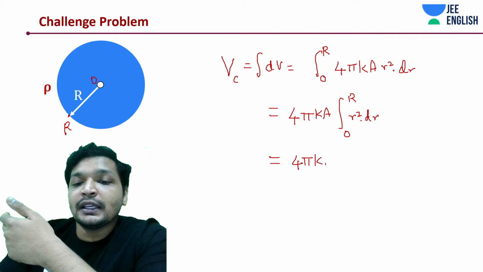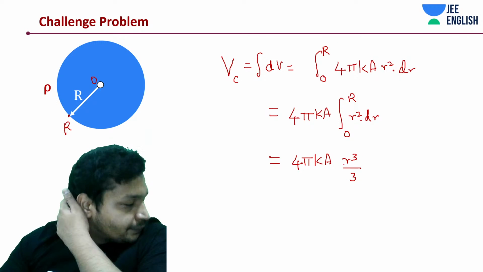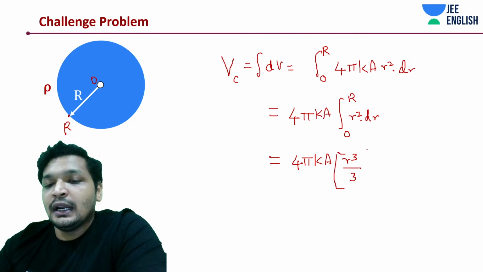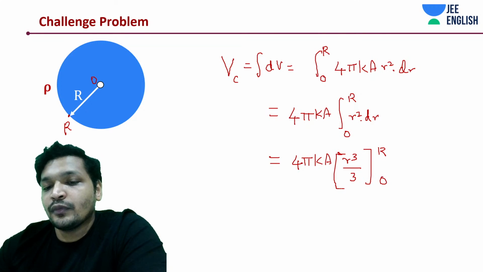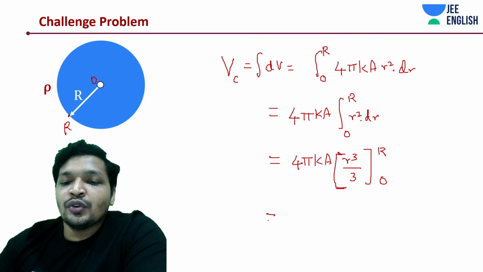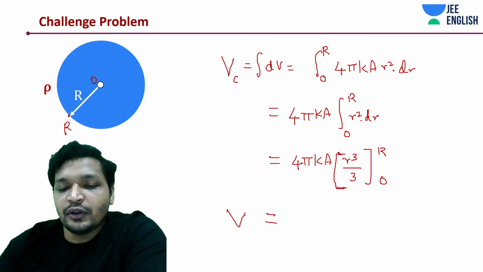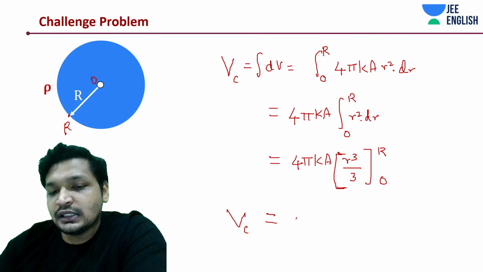So 4 pi k a r cube by 3. 3 should be coming in the denominator. So yes, now you do the math, you will find Vc, that is potential at the center, is equal to 4 pi.